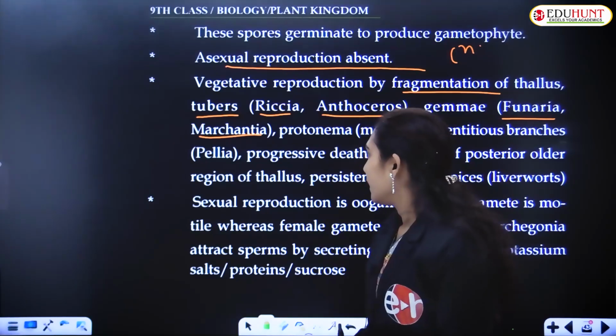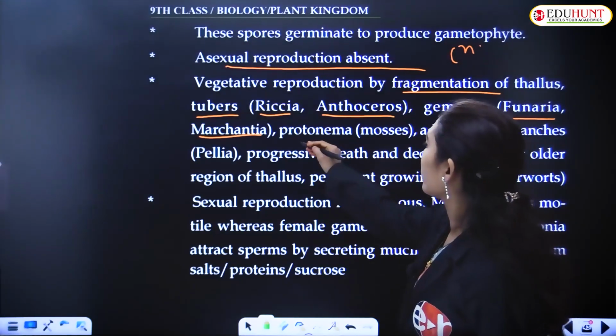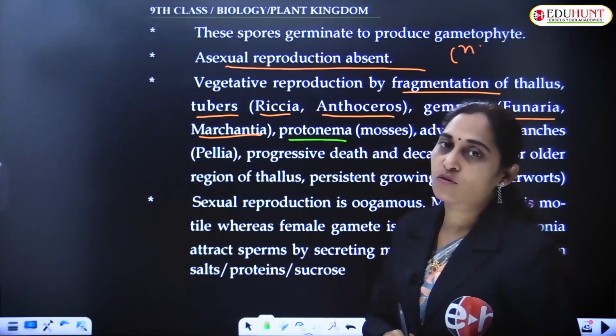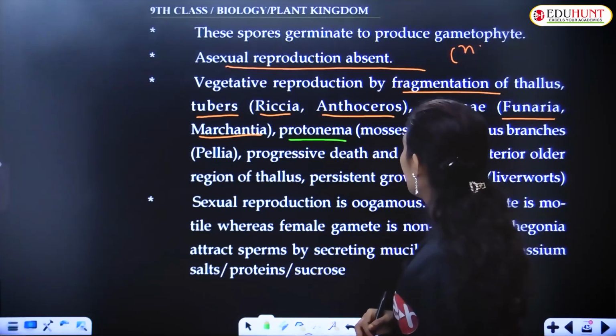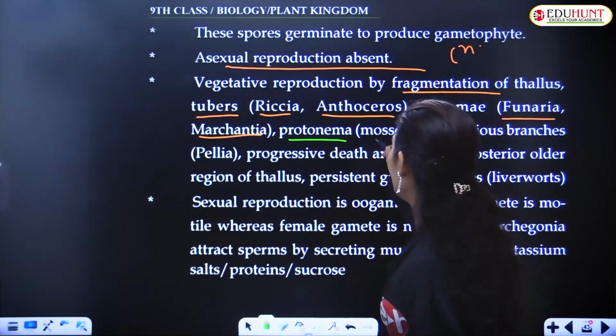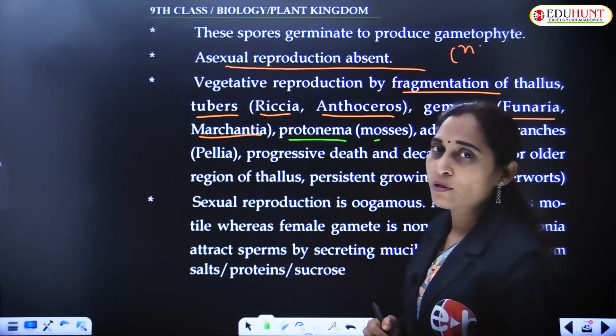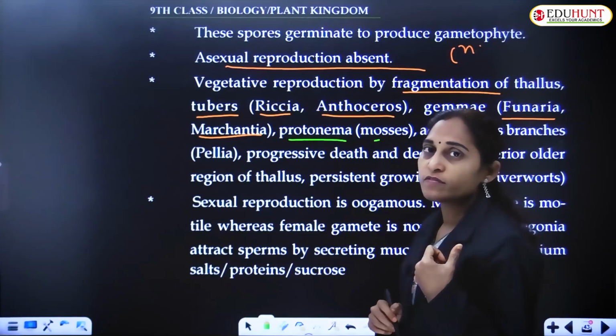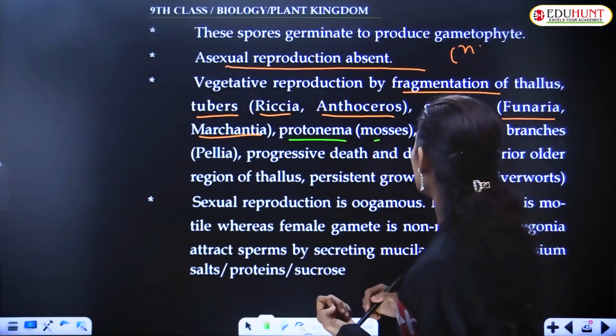Okay, and protonema. Protonema is also a kind of vegetative propagating structure. In mosses, usually the protonema serves as the vegetative reproductive body.